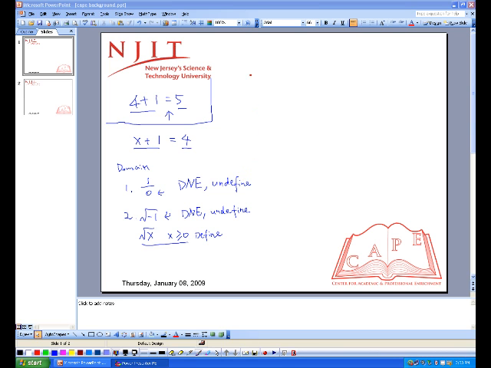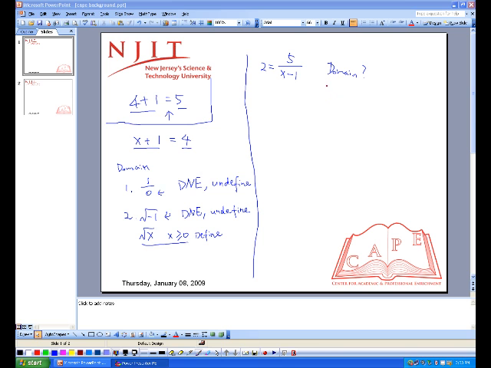Now once we know where an expression is undefined, everywhere else it's defined. So let's show you through an example. 2 is equal to 5 over x minus 1. Okay, what is the domain of this equation?